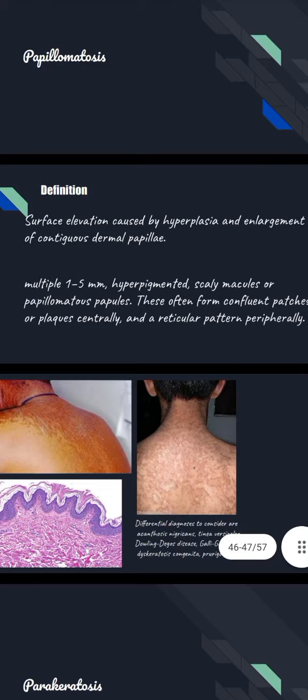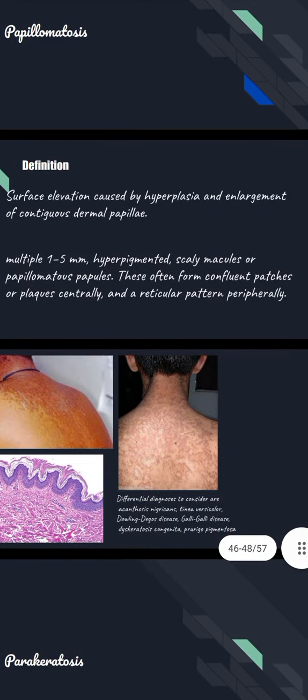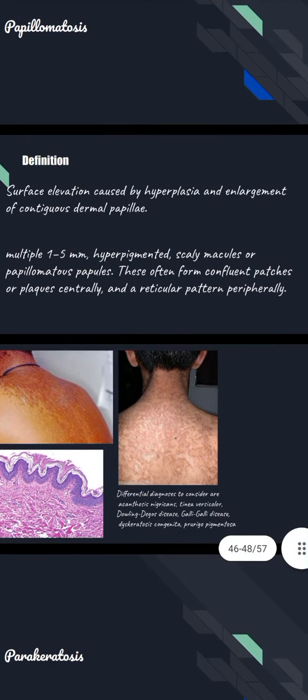These often form confluent patches or plaques centrally and a reticular pattern peripherally. Differential diagnoses to consider are acanthosis nigricans, tinea versicolor, Dowling-Degos disease, Galli-Galli disease, dyskeratosis congenita, prurigo pigmentosa.